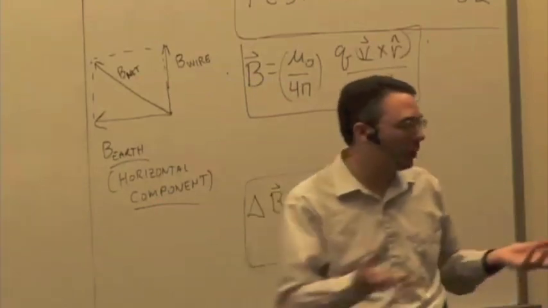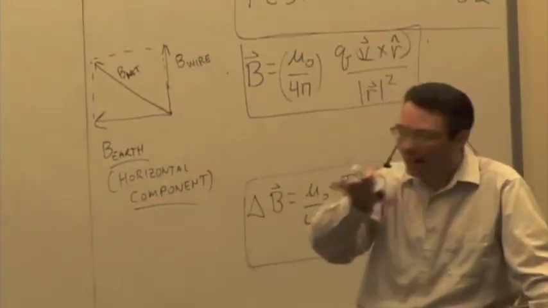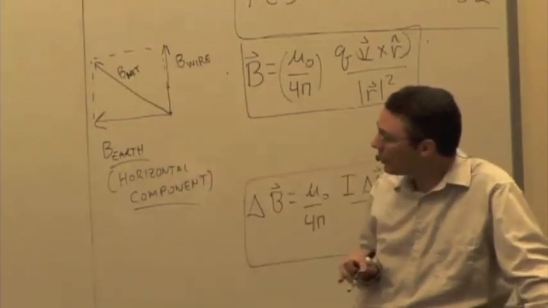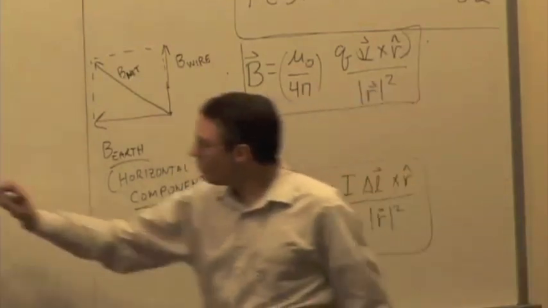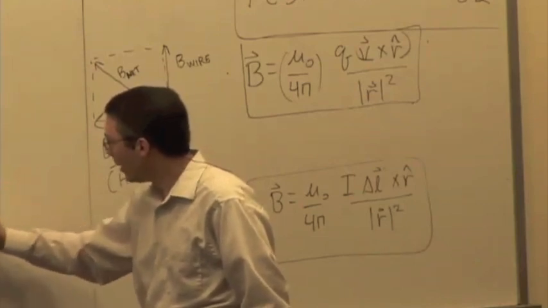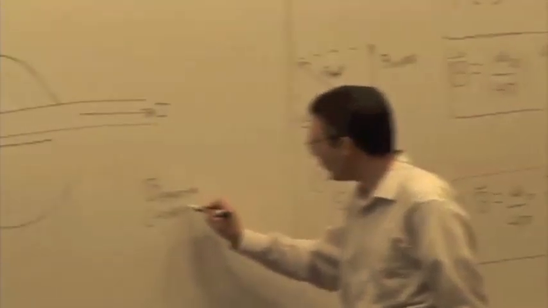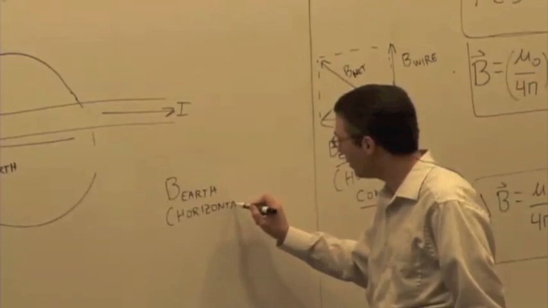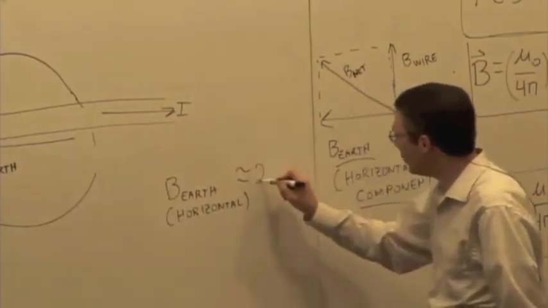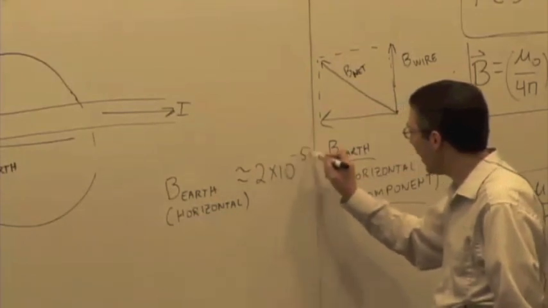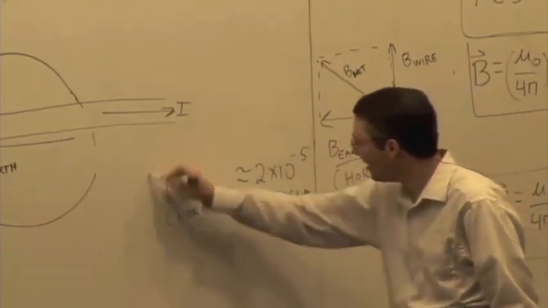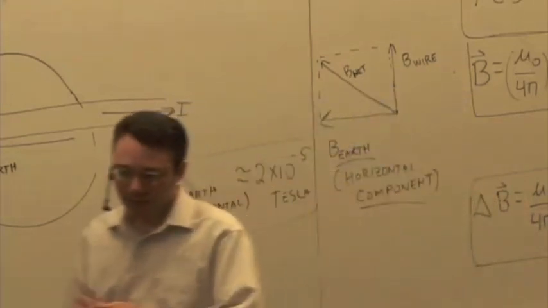And compasses are built to be counterbalanced so they can compensate for the field pointing inward, and they're just looking at the horizontal component. The horizontal component of the magnetic field due to the Earth changes, of course, depending on where you are on the Earth. But in most of the continental U.S., it's about 2 times 10 to the minus 5 Tesla.